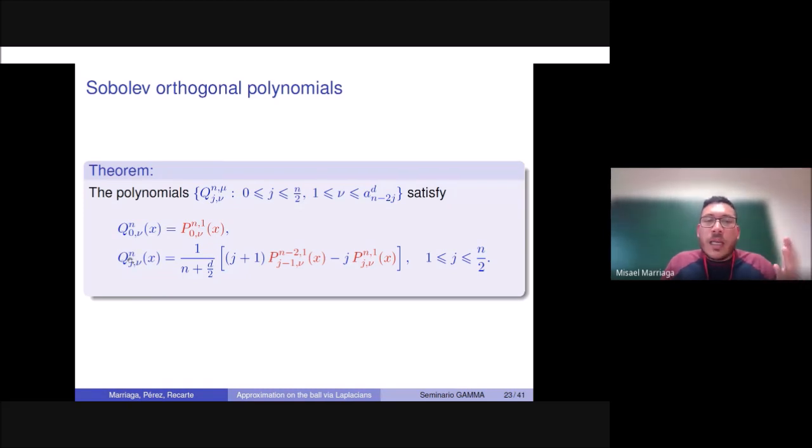So if n is even, all of the monomials that appear over here are also of even degree. Okay, if n is odd, then all of the monomials that appear over here are going to be of odd degree. Okay, so in order for that to be satisfied by this side of the equation, you also have to have the same property on the right hand side. So that's why we are skipping the polynomial of degree n minus 1.